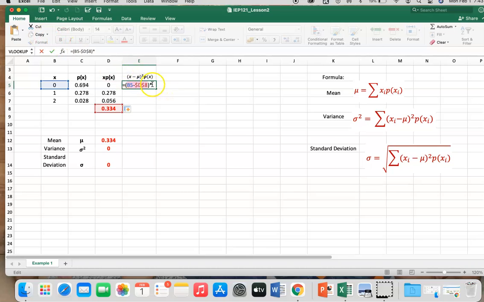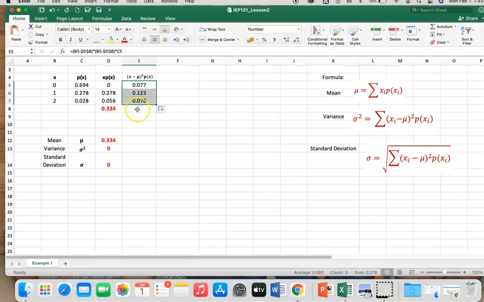Just copy, then paste, and then multiply by the p of x. Let's just have 3 decimal places. To copy the formula, let's drag down and then get the sum, because the variance is a summation. Alright, so let's limit it to 3 decimal places.